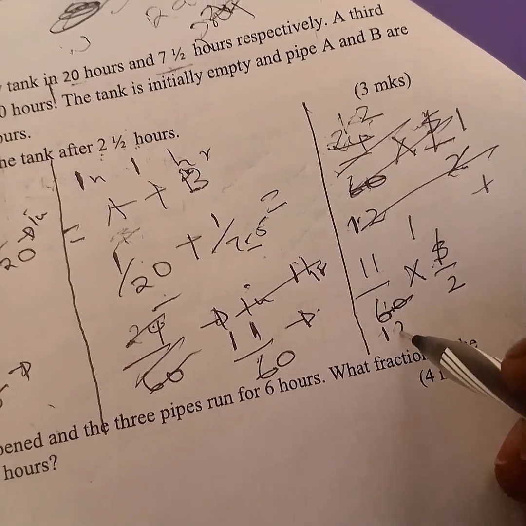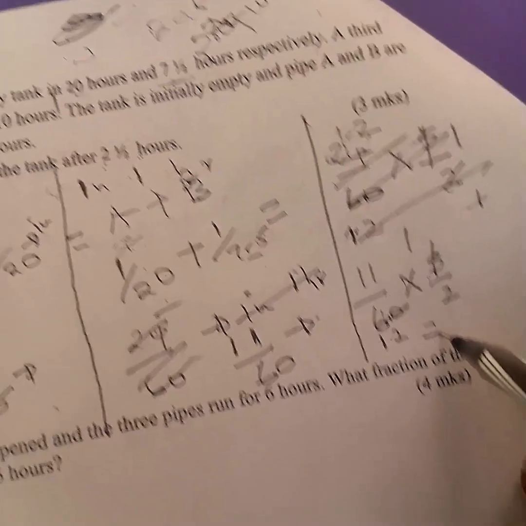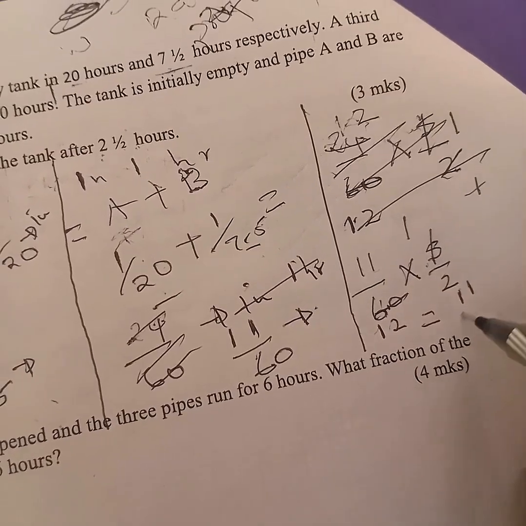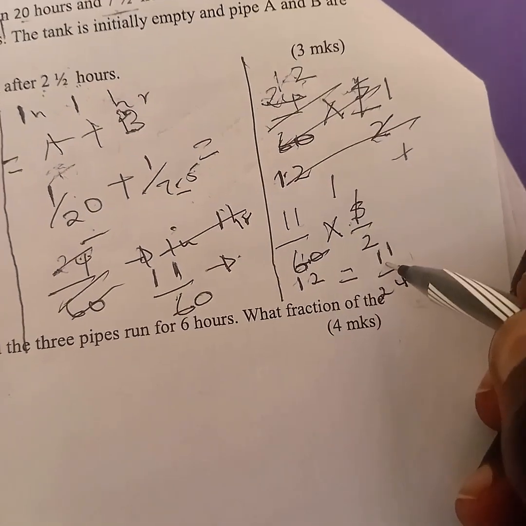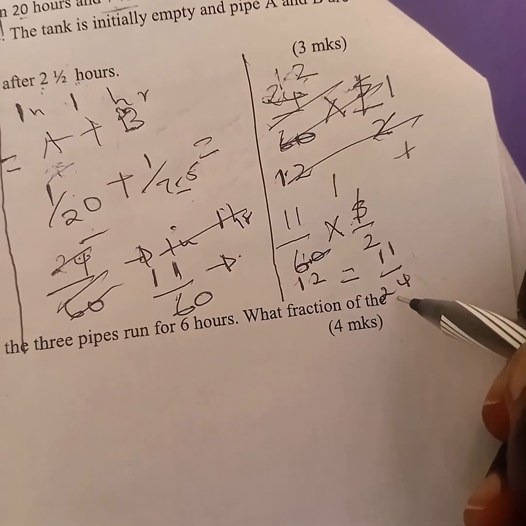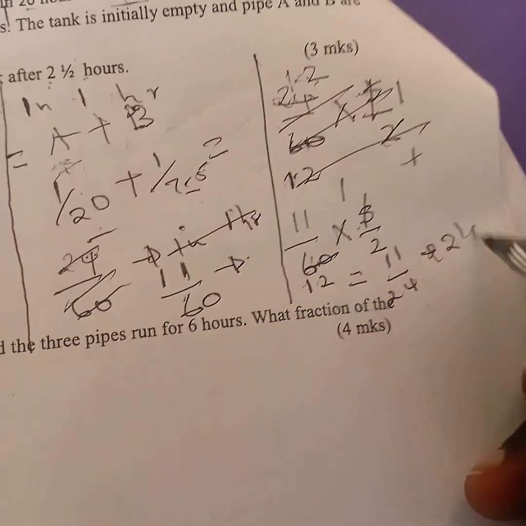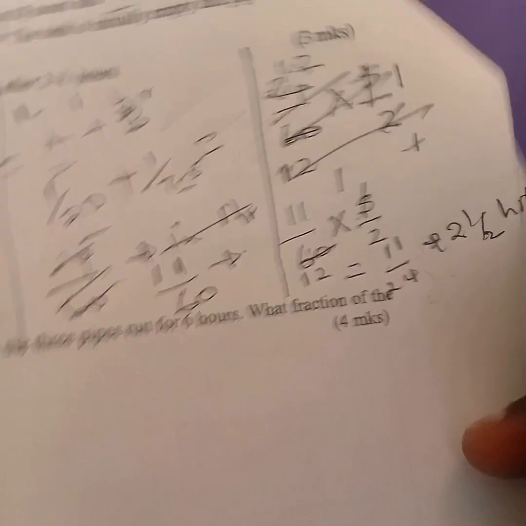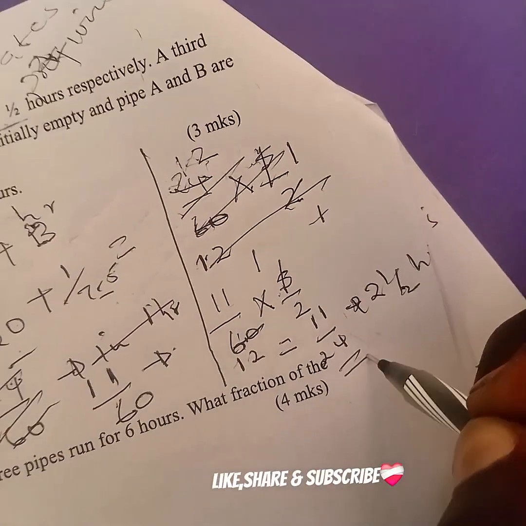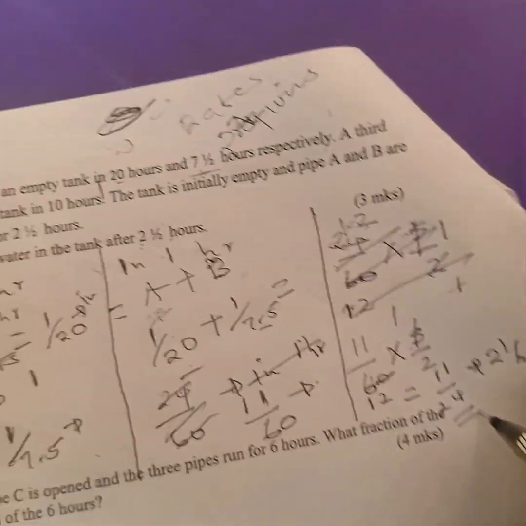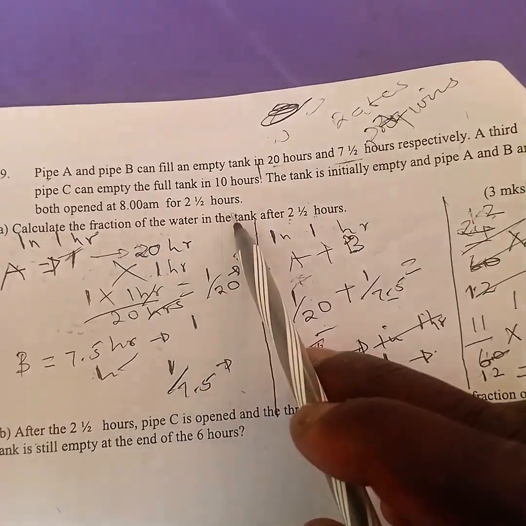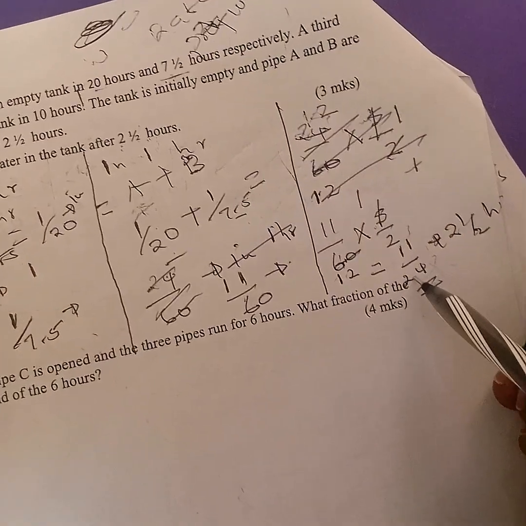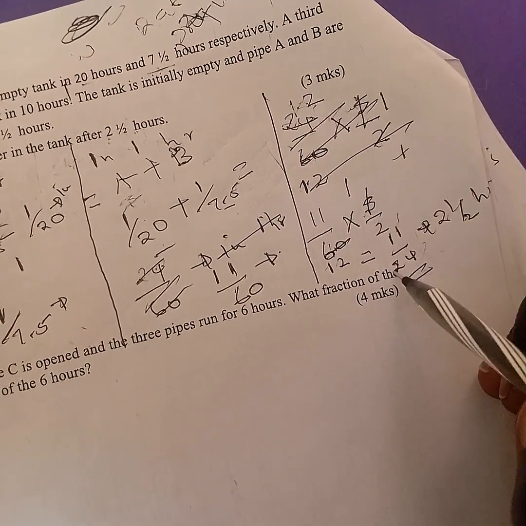So it is 12. That will give us 11 over 24. The fraction that will be filled will be 11 over 24 in 2.5 hours, and that is it. We have answered: calculate the fraction of the water in the tank after 2.5 hours.